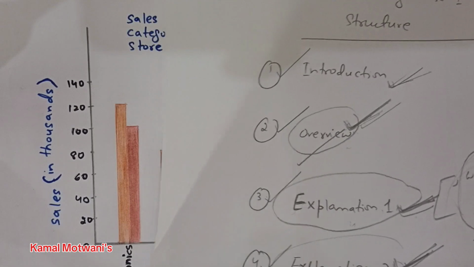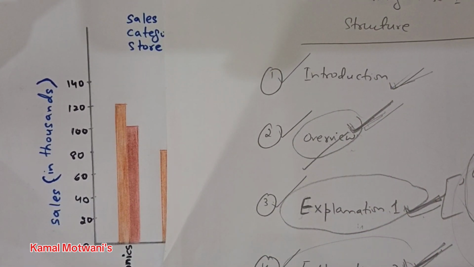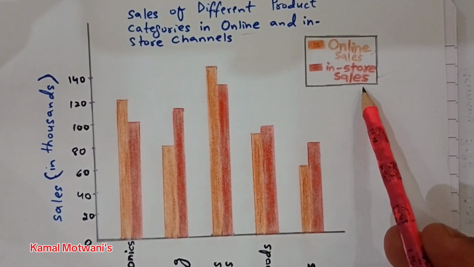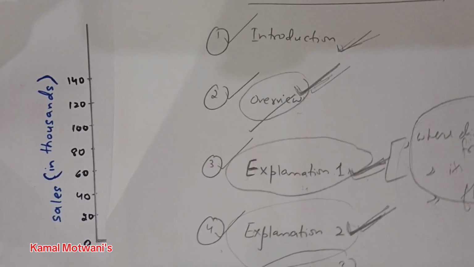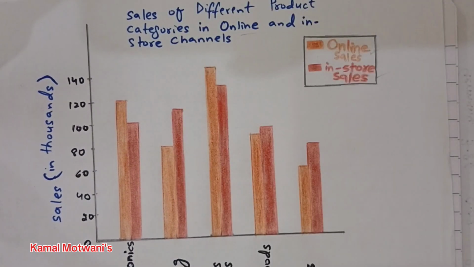First we will write the introduction, then the overview, then explanation 1 regarding online sales and explanation 2 regarding in-store sales. So we will write 4 paragraphs in total regarding this bar chart. Let's move ahead to how I have written the information of the bar chart in paragraph format.